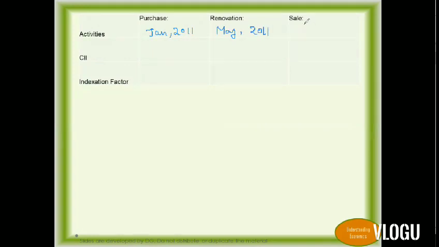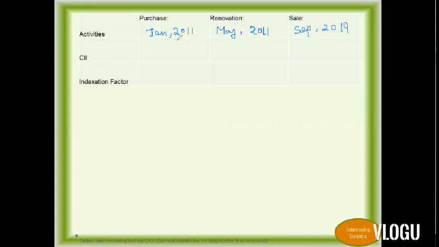And in the second part of the problem, the person has sold the property in the year 2019. So the month is September and the year is 2019.